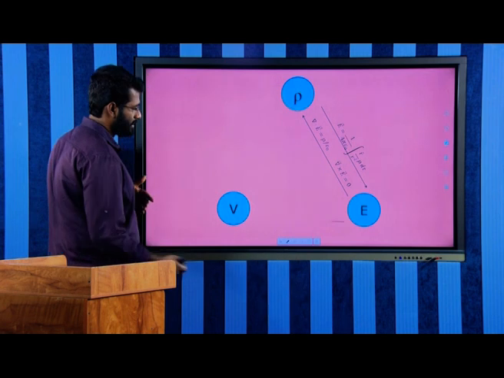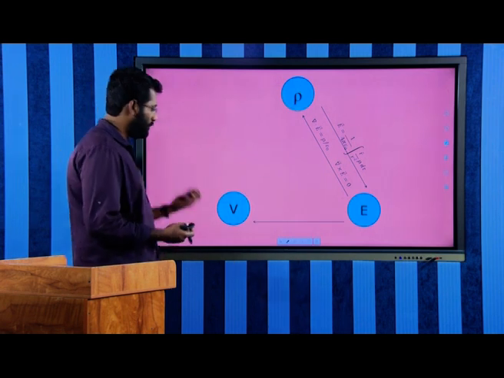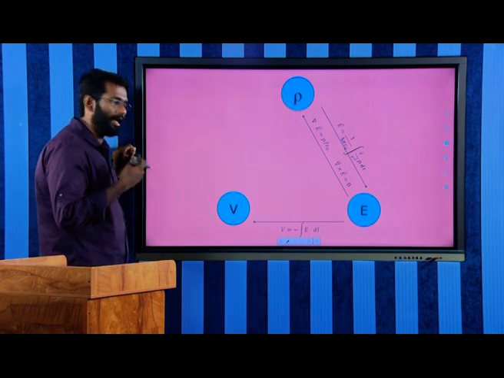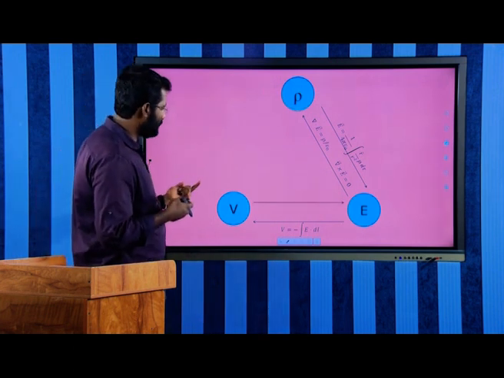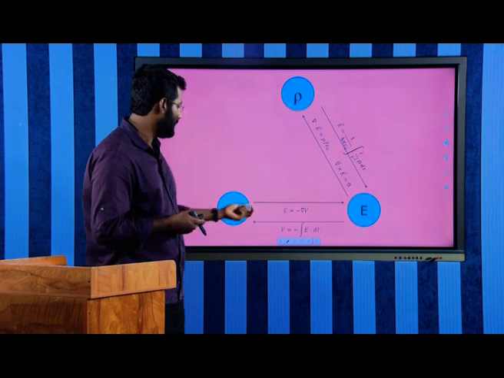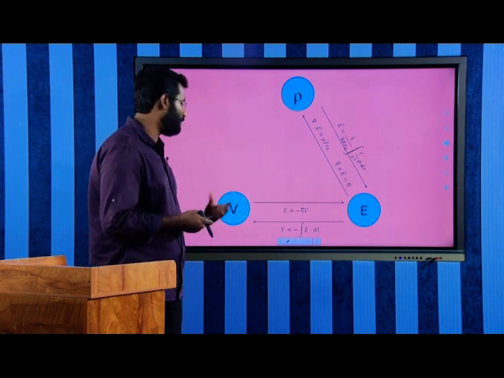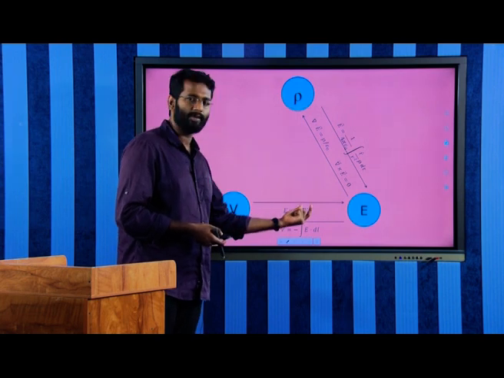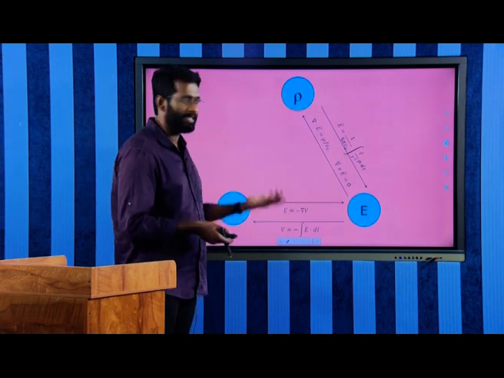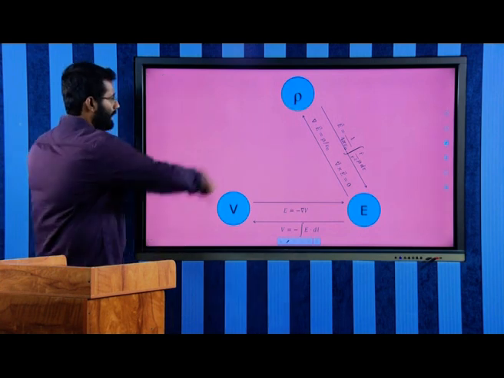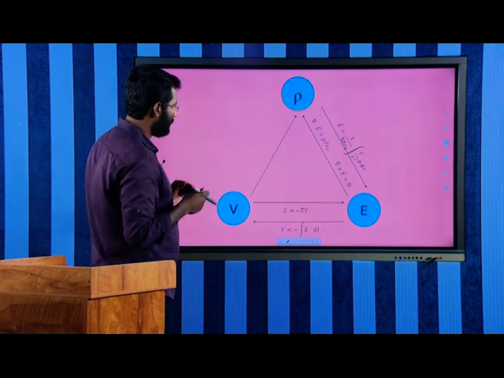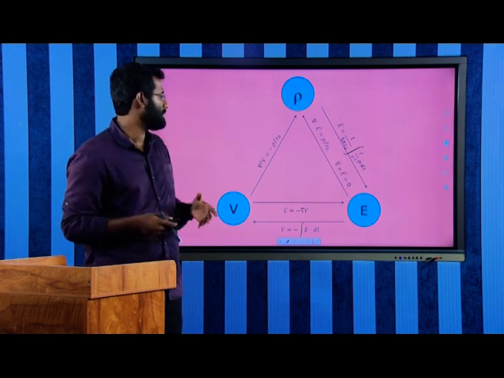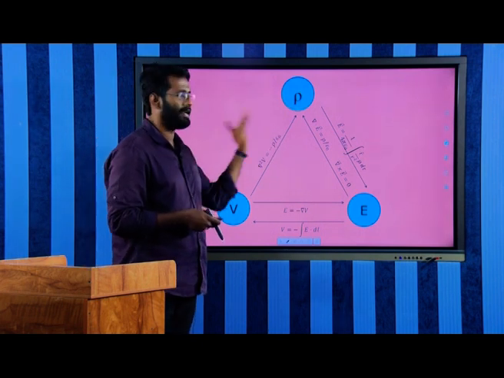Now, from E we can move to V, that is, the equation was V is equal to minus integral E dot dl, and in reverse, if we have V with us, then we can go back to electric field using E is equal to minus del V. That is what we did in the previous problem. Now, we can connect these two also, that is, from V we can go to rho using the Laplace's equation, del square V is equal to minus rho by epsilon 0.